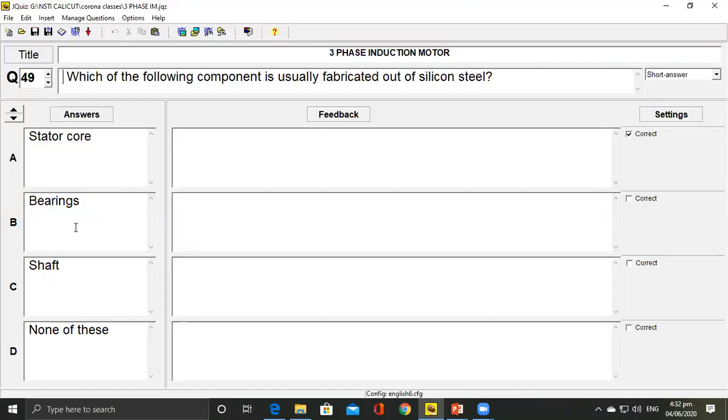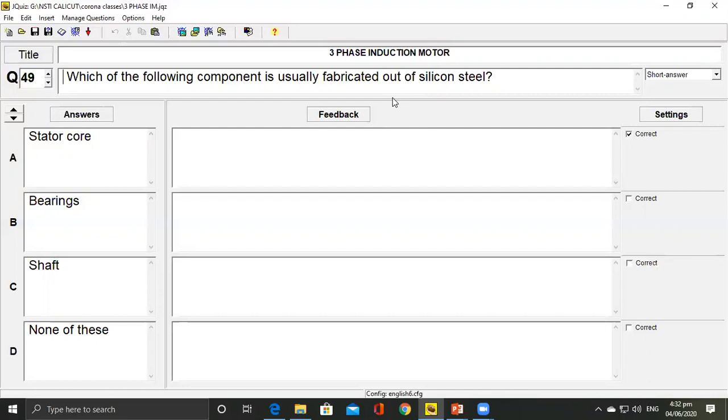To reduce the hysteresis loss, you can use silicon steel. To reduce the eddy current loss, you use the laminated core. Those are the two important points: to reduce hysteresis loss we use silicon steel, and to reduce eddy current loss we use laminations.